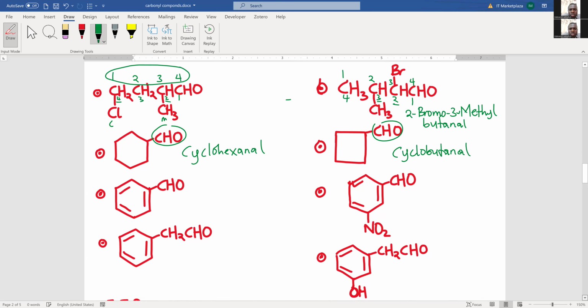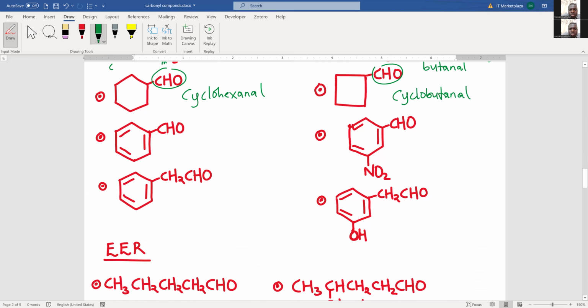Then this is a phenyl group. Without CHO, it is benzene. Now with CHO, it is benzenol. However, its trade name is benzaldehyde.